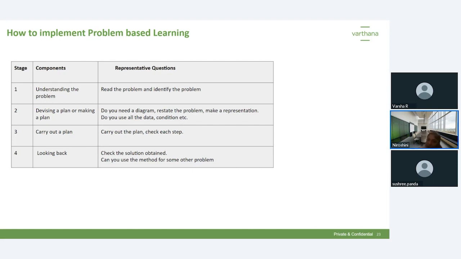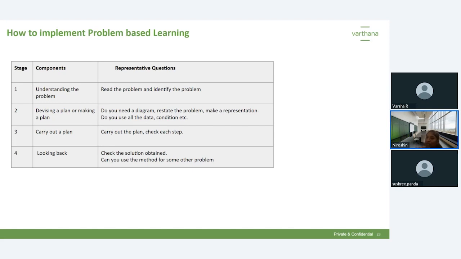Once the plan is made, they need to start implementing the plan and check in each step whether we are making any relevance to our solution, what kind of solution we want to approach. Once the solution is framed, checking the solution is very, very important, and also understanding whether there is any alternative method to resolve this, what those methods are, how that looks.